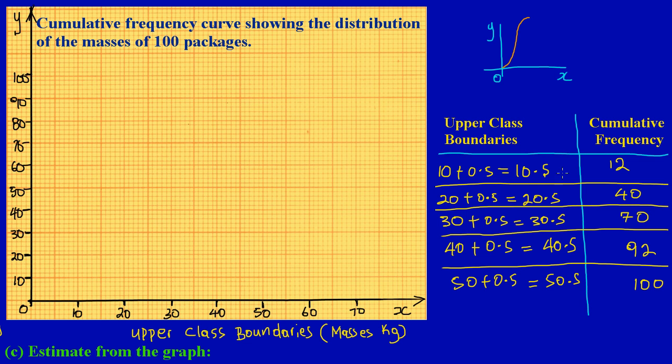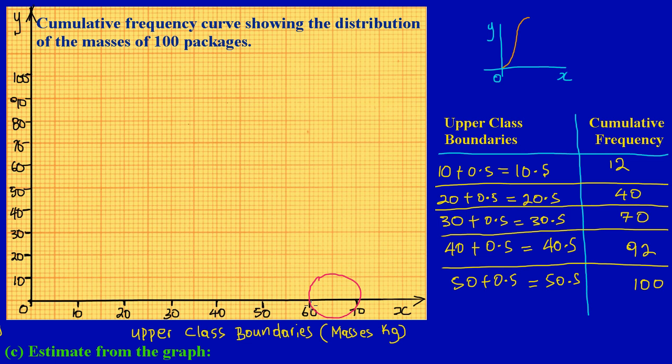So here I'm plotting 10.5 with 12, but first, before we get into that, I think we should work out the scale. For each of these little gradations that we're going up, you need to know how many you are increasing by. So let's check. We can take this area, for example, between 60 and 70.